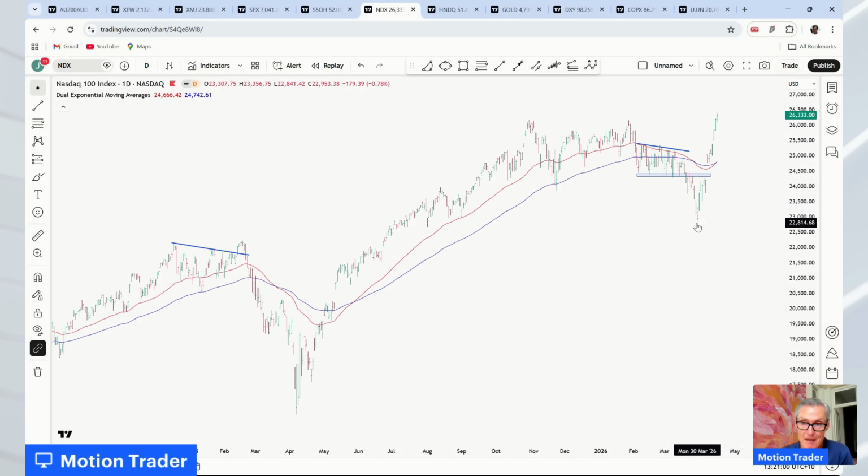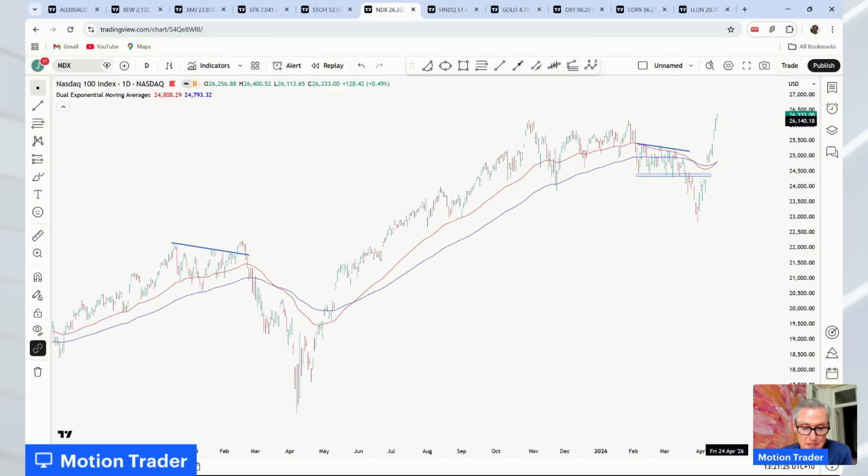Things were particularly bad 2.5 weeks ago. I wouldn't say conditions are amazing at the moment. Straits still closed, oil's still not flowing, but things have gone to less bad, and that can cause these strong reactive rebounds in markets.